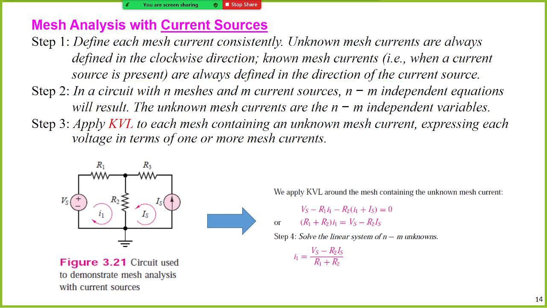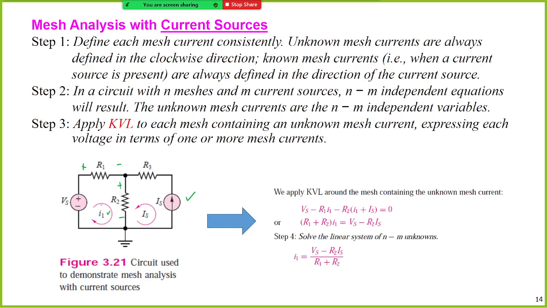Okay, for example, with this circuit, we have two meshes, but we know this current, and the current is Is in this direction, and this current is I1. So we don't know I1, we just solve for I1 here, right? So if we apply KVL to mesh 1, it will be plus minus here and plus minus here, right?